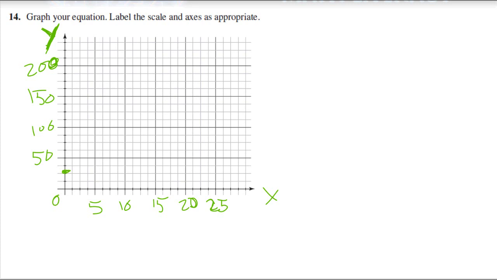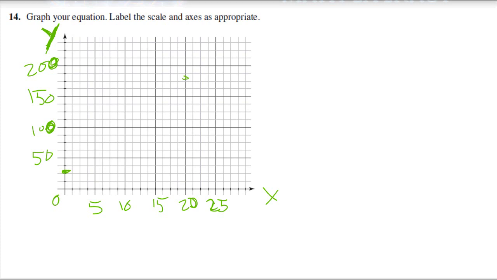I'll go ahead and graph 20 shirts. That's not 106. We'll figure that out. 20 shirts, I have 188. So 150, 160, 170. So actually, we're going by 4. So 150, halfway between 150 and 200 would be 175.